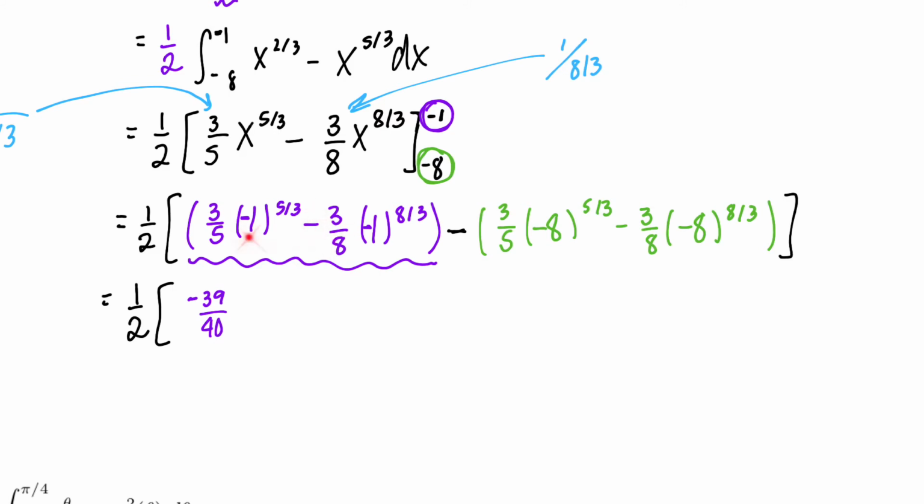I had said this would become plus 3/8, but it's going to be -3/8, because I was thinking this guy right here will become a positive, because -1 to the 8/3 will be positive. Sorry, just had a moment there. So it ends up being -3/5 minus 3/8, which is -39/40, minus, and then you can plug this whole thing in on your calculator.